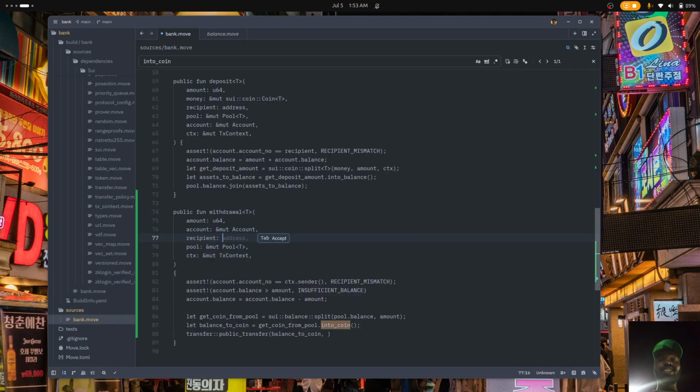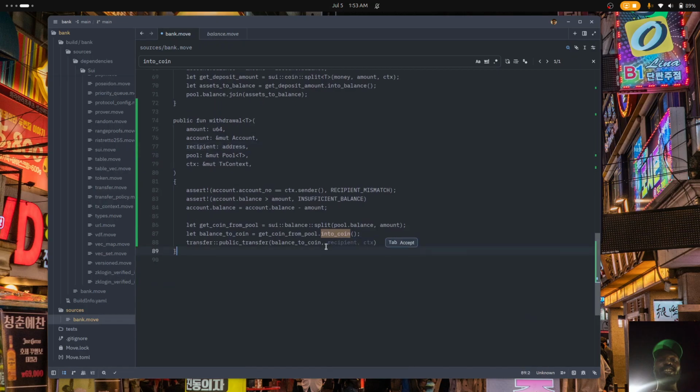This recipient gives me the ability to withdraw to any address I want, but for me this is a security vulnerability, right? But then let me evaluate this function to see that regardless of whether I decide to put a recipient, this system can be gamed.